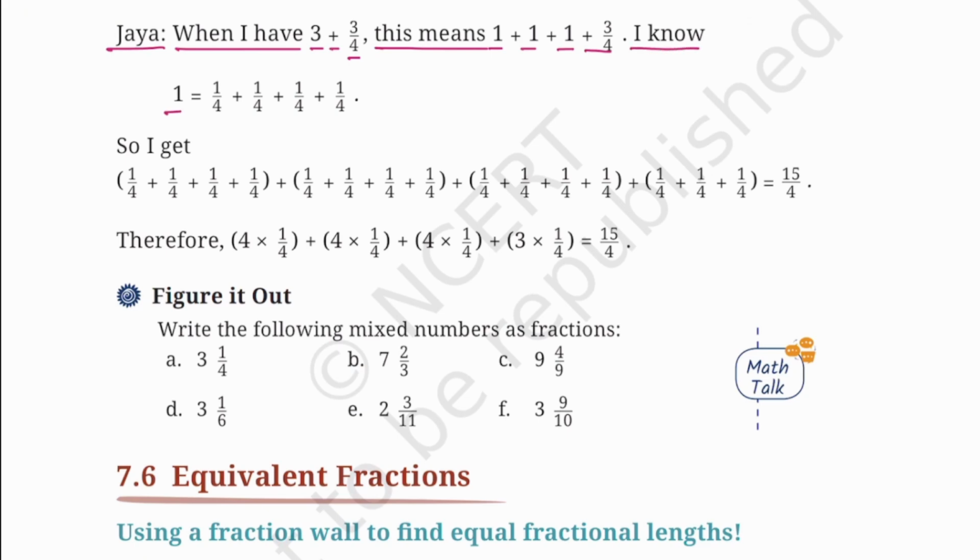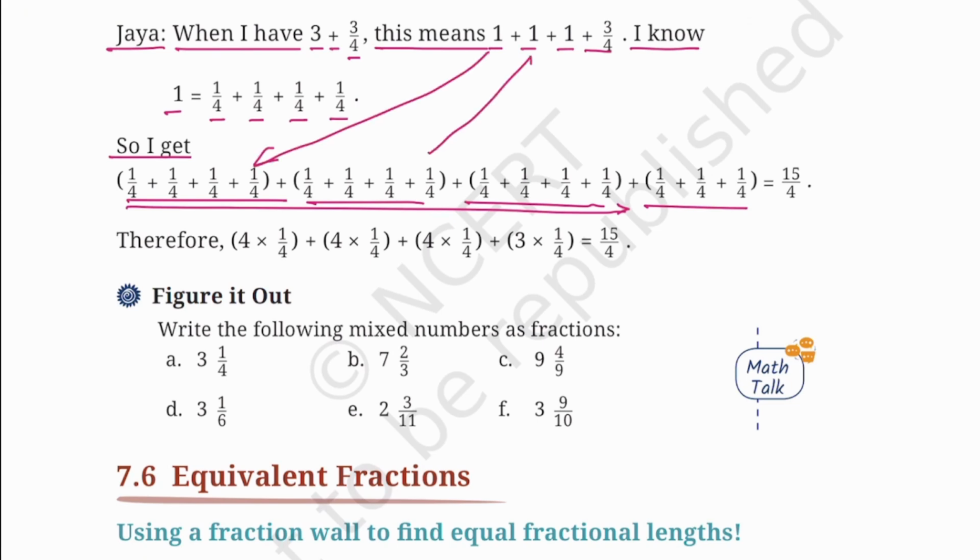I know 1 is equal to 1 upon 4 plus 1 upon 4 plus 1 upon 4 plus 1 upon 4. So I get 1 plus 1 plus 1 plus 3 upon 4 is equal to 15 upon 4.